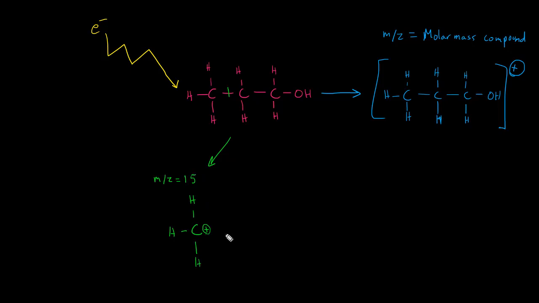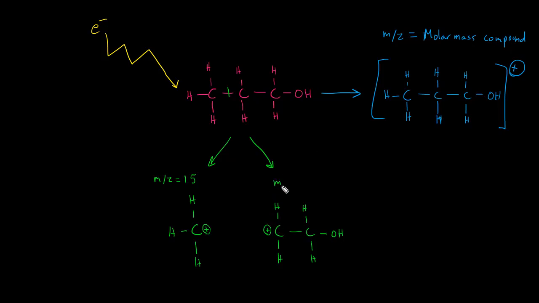Our mass to charge ratio will be 15 because the molar mass of this fragment of 1 carbon and 3 hydrogens is 15. On the other hand, we could also end up with a positive charge on the opposite side, on this side of the molecule, giving us a CH2CH2OH with the positive charge on this fragment.